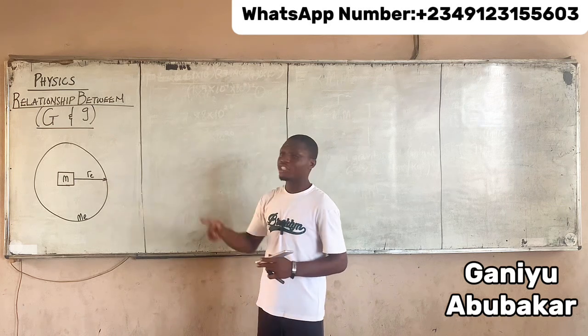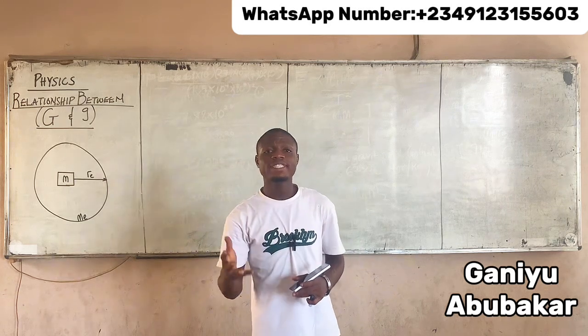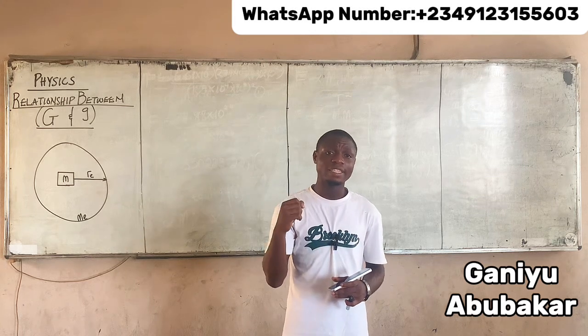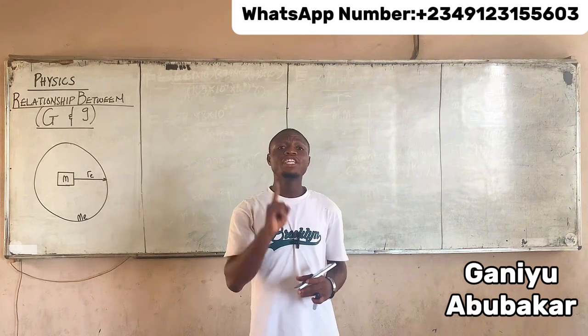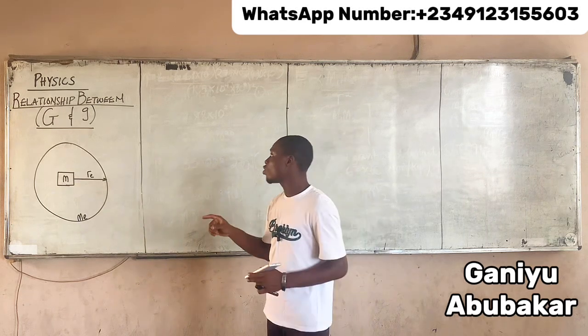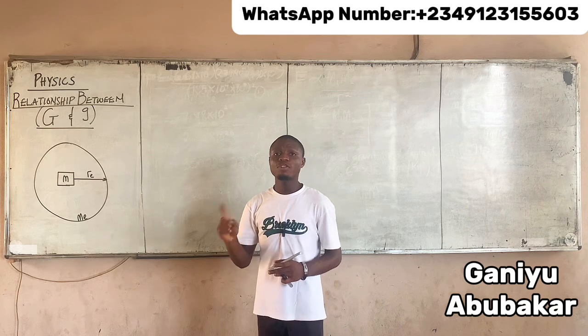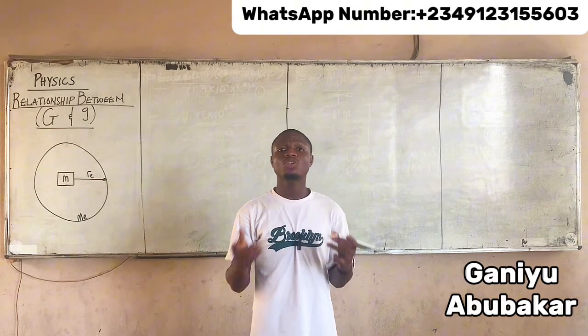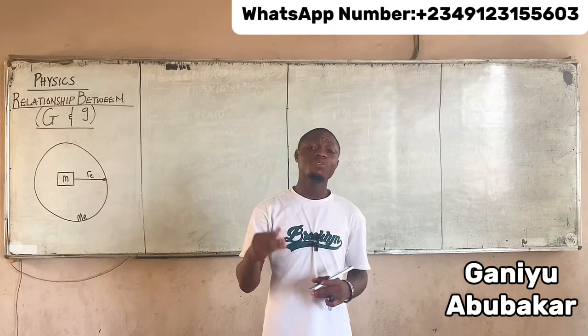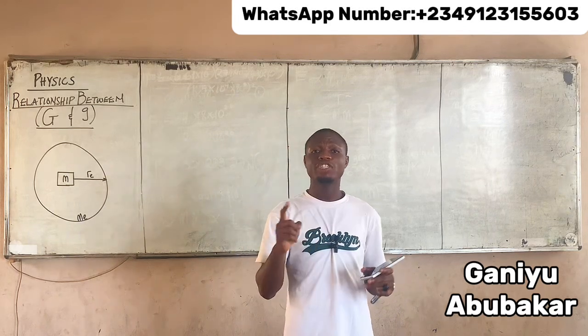So we said capital G is called the universal gravitational constant, and we said last class that the value is given as 6.67 times 10 to the power minus 11. Next up, we have small g here. Small g, as we know from secondary school, is called acceleration due to gravity, and the value there is given as 9.81, right?